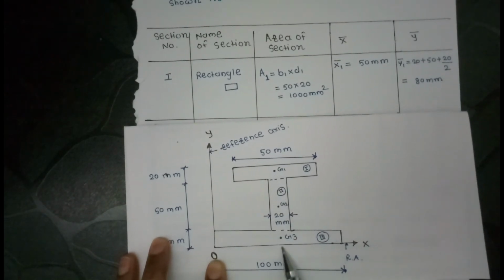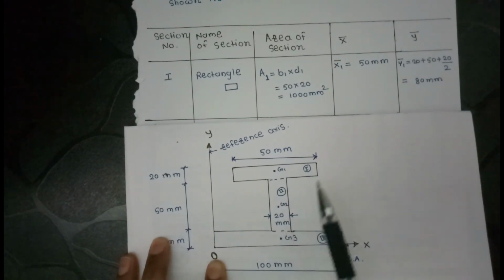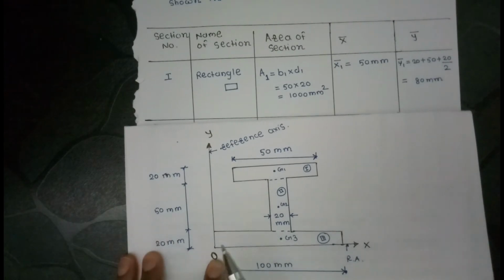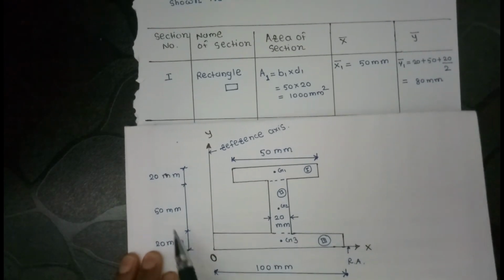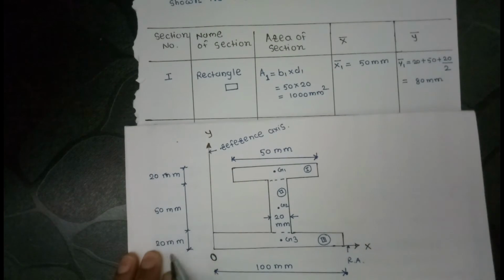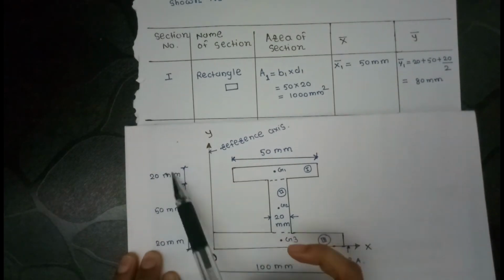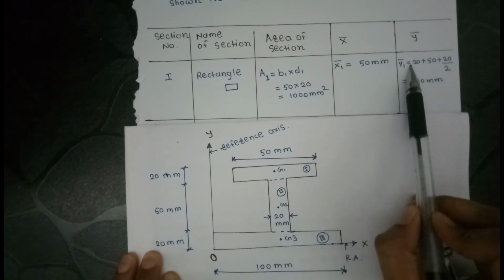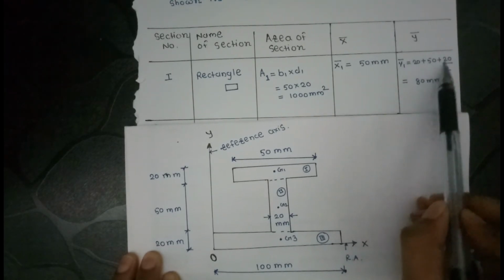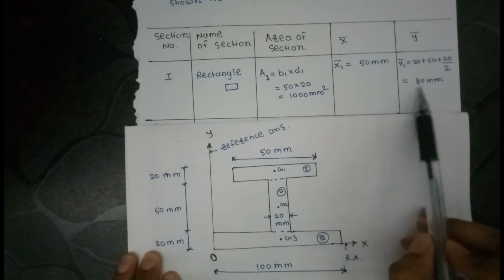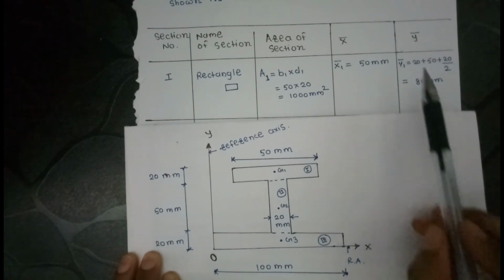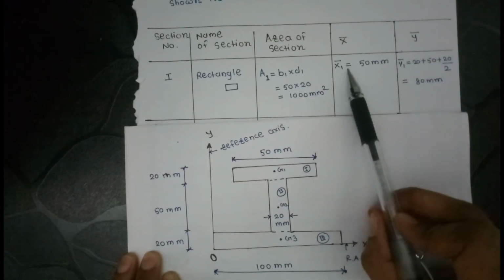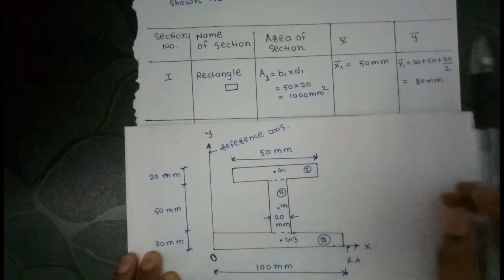Point G1 to base of x-axis means first of all 20 plus 50 plus 20 by 2. See here, 20 plus 50 plus 20 by 2 is equal to 80 mm. This is the y1 bar 80 mm, x1 bar 50 mm.